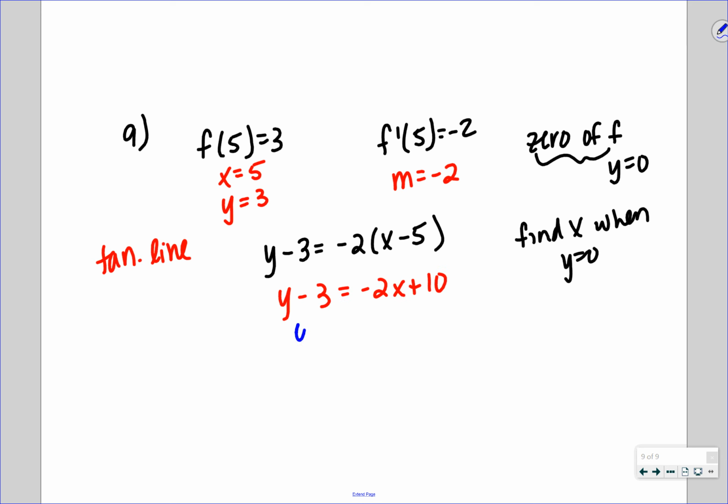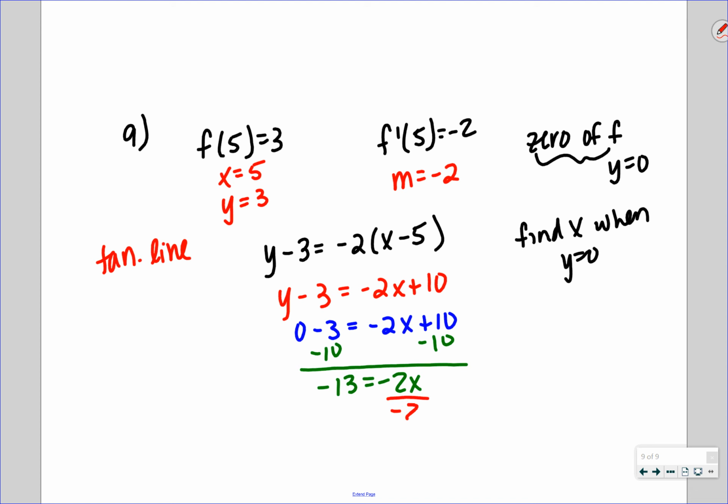Plug in 0. Minus 3 equals negative 2x plus 10. Subtract the 10. Negative 13 equals negative 2x. Divide by negative 2. X is 13 over 2. Cool.